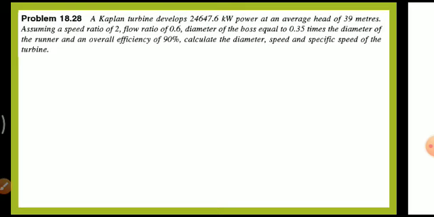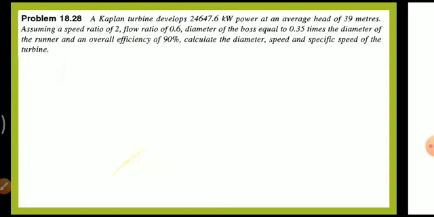First we need the diameter of the runner. For the diameter we can use the equation of Q and Vf1. Vf1 can be calculated using the flow ratio equation. Flow ratio is given as 0.6, and from the equation of flow ratio we can calculate the value of Vf1.